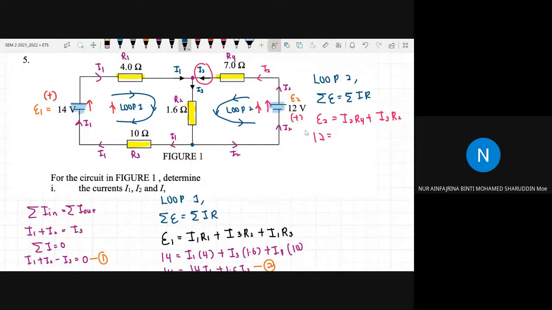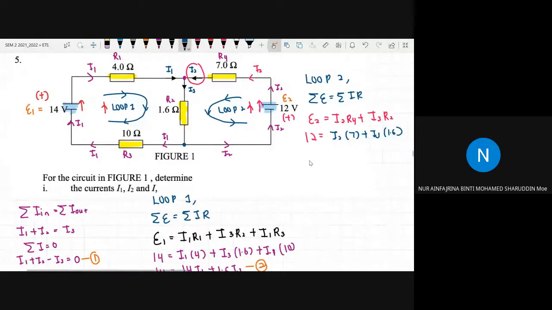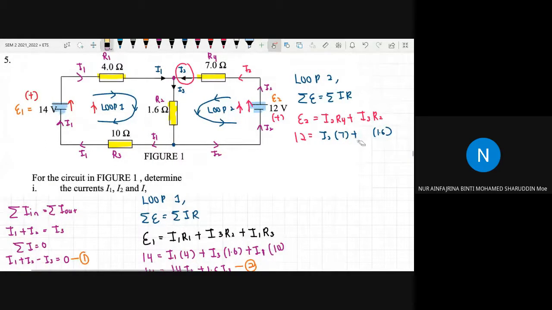Ni betul kan? Okay, so dia positif je lah sebenarnya. Okay, so sebenarnya kat sini akan jadi I2 7. Okay, dan dekat sini pun I3. Current dia ke bawah, loop dia pun ke bawah. So R2 adalah 1.6. Okay, boleh? Boleh. So, you akan dapat 12 equals to 7 I2 tambah 1.6 I3. So, this is your equation number 3.